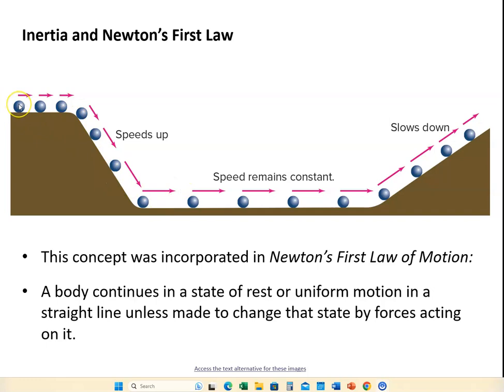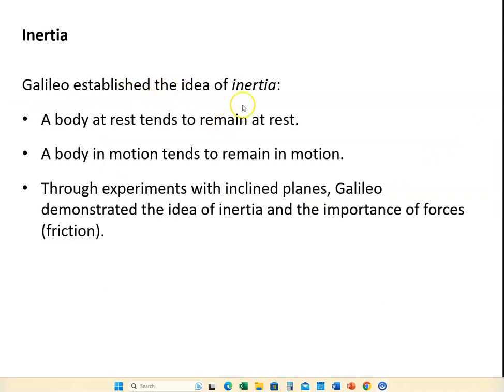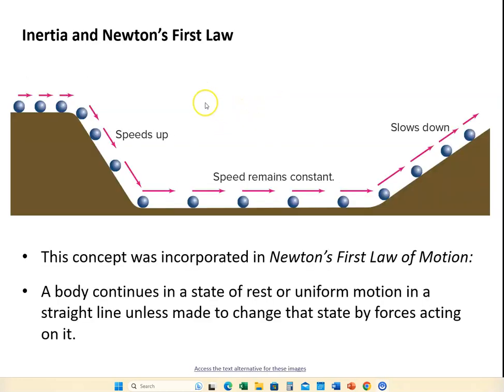Of course Isaac Newton, who is basically a generation after Galileo, adopts this idea of inertia, and in fact makes it his first law of motion.